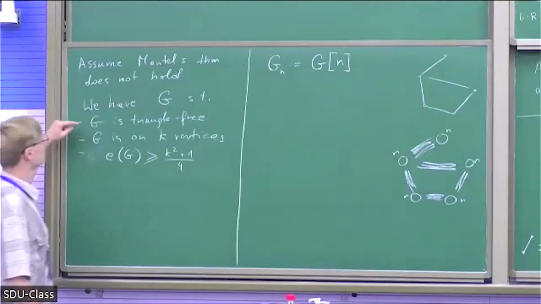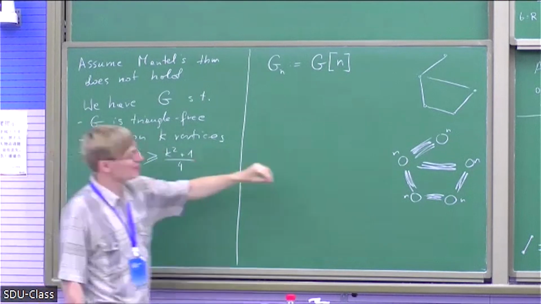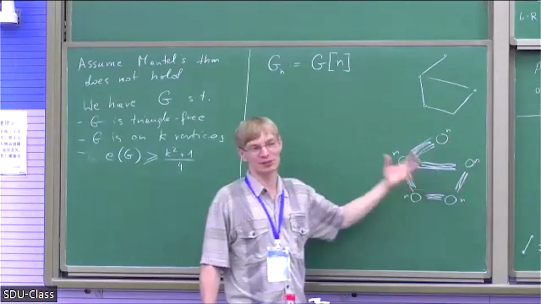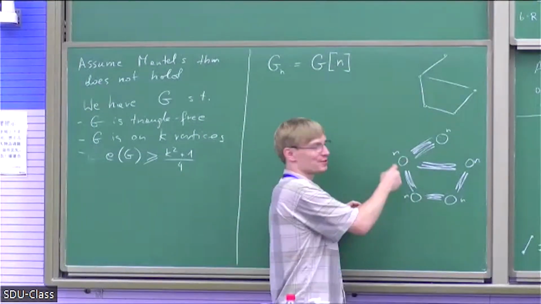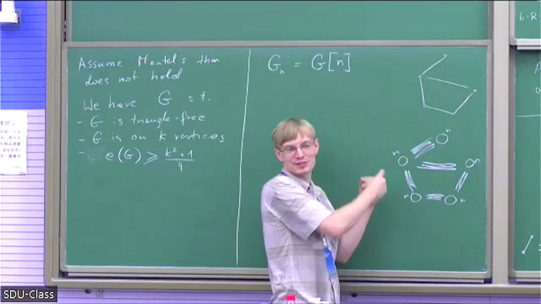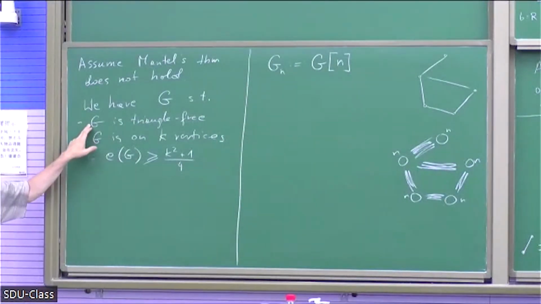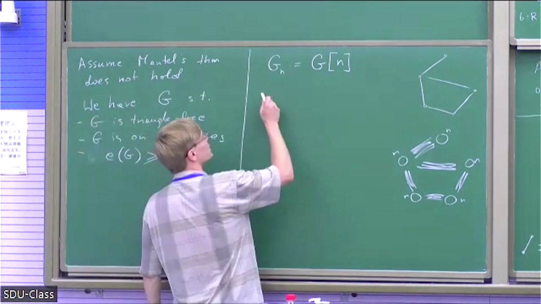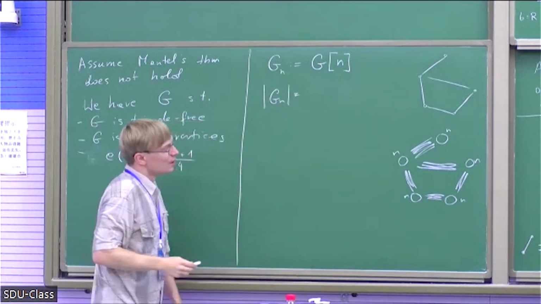So first, is it triangle-free? If I'm blowing up vertices, I cannot introduce a triangle. I'm not putting any edges inside, so if there is a triangle, it needs to exist in the first graph, but we know that there was none. Okay, so it has no triangles. What's the number of vertices in my G_n?